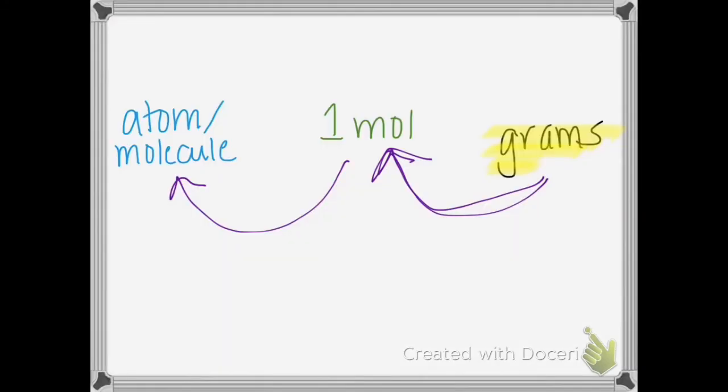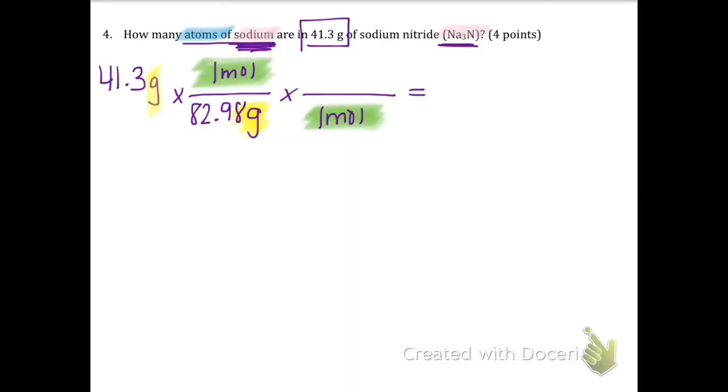Okay, so now from moles, we are going to go to our molecule. So that is our blue color. So let's write that down there, which is 6.02 times 10 to the 23. All right, so we reached this destination at first. So it comes out to be like 2.996.